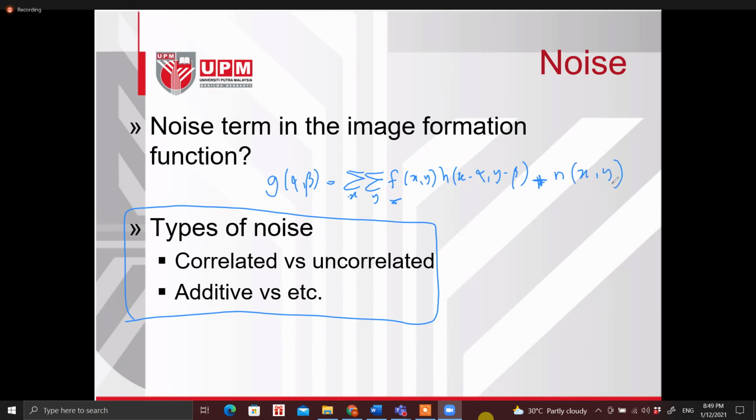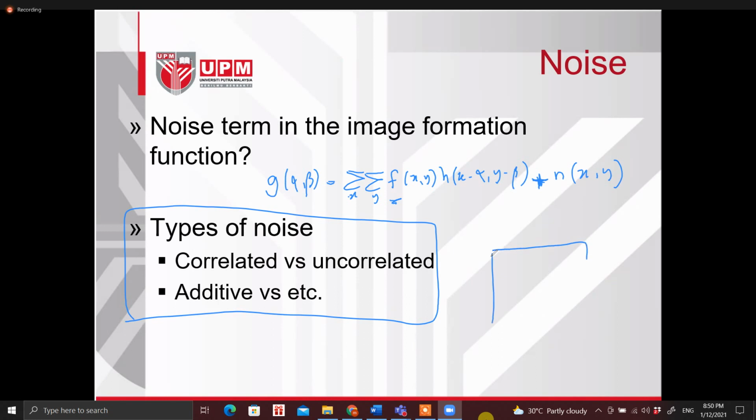Uncorrelated means that whatever happens in the input image is independent from the noise. When you say it is additive, it means that if in one image you have a point here, let's use pixels as an example.